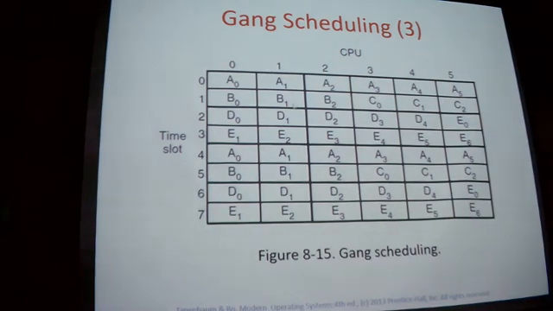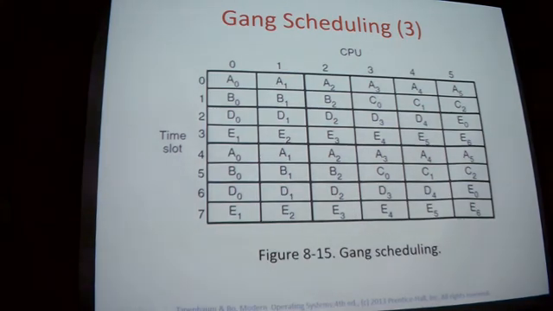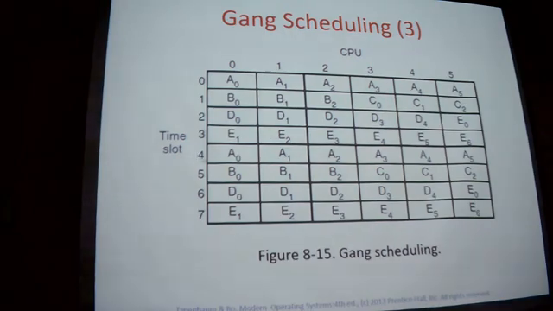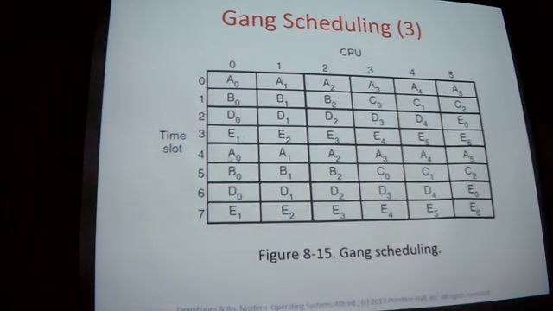So process B and process C each have only 3 threads, and so on. At time slot 4, we return back to running the same as time slot 0, threads in process A, and so on.